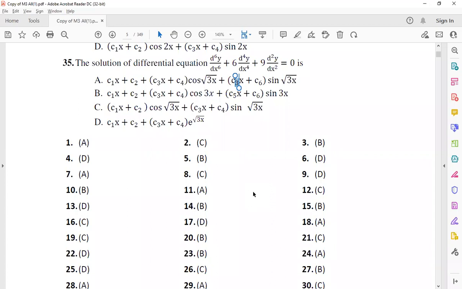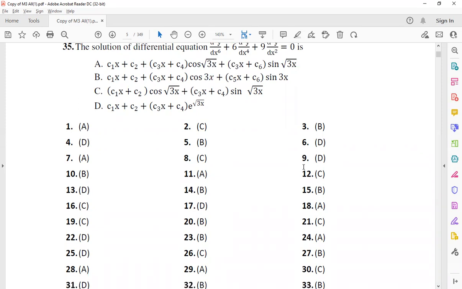So the nearest match is A, so we can go with A. In the final exam also, if it is like that, C3, C4 and again C3, but all other things you have to take care of, like root 3 is there, alpha is 0. Whatever is the nearest, you should click that.